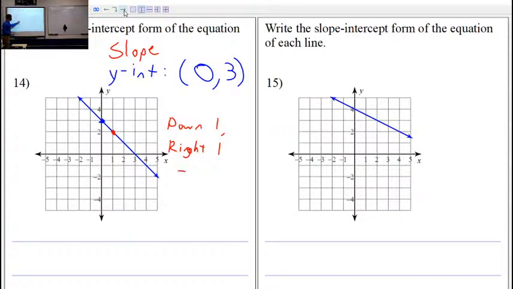Down is a negative direction for y, and to the right is a positive direction for x. So change in y over change in x is going to be negative 1 over 1, which is negative 1.